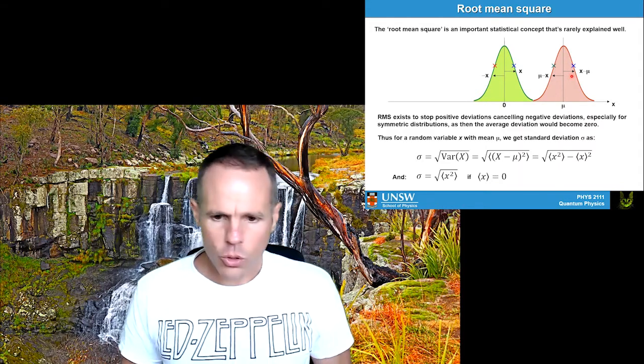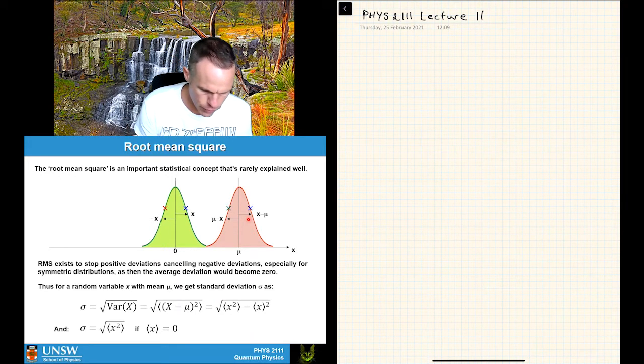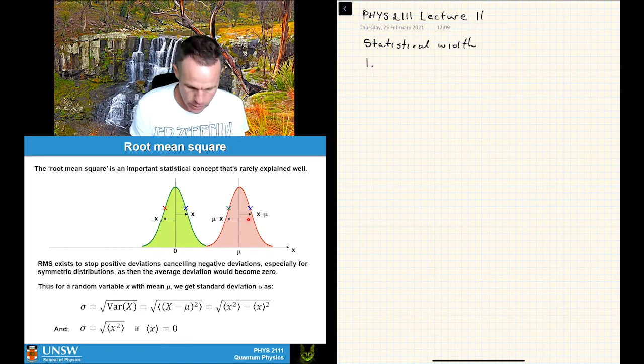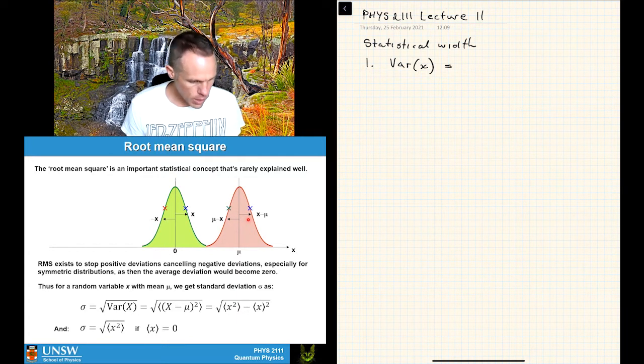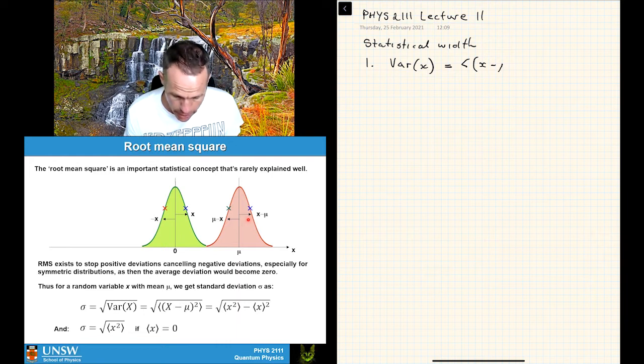So usually what we can do in here, and I'll need some paper, is have two definitions for statistical width or distribution width. The first is something that we call the variance. It's usually written as var of x, and it's really just the average of what our particular position x is minus the average mu, squared.